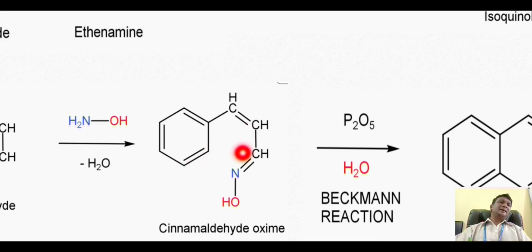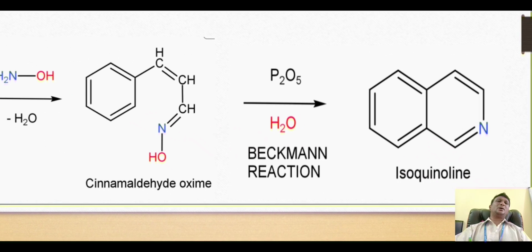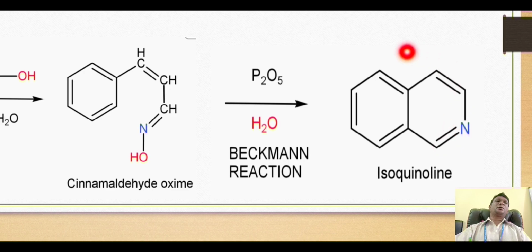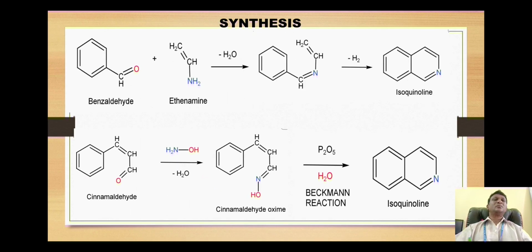So this carbon which is attached with this one, this carbon migrates with the electrons to this nitrogen, and thus gives us the formation of this isoquinoline nucleus. Dear students, in my previous video I had described the Beckmann rearrangement. Please go through that. Next, move on to the next synthesis.